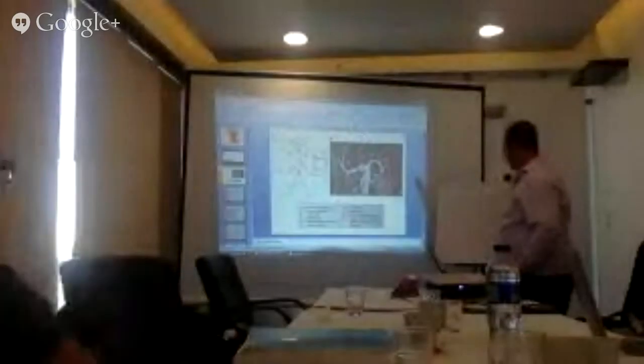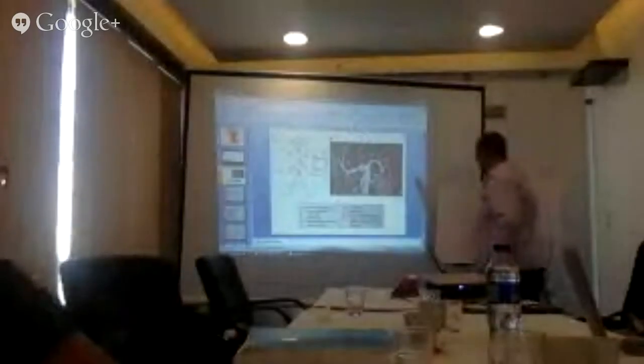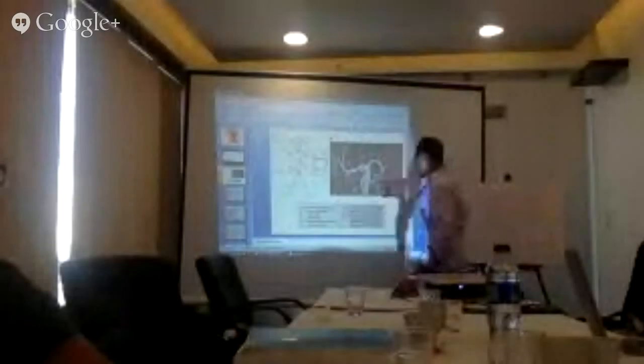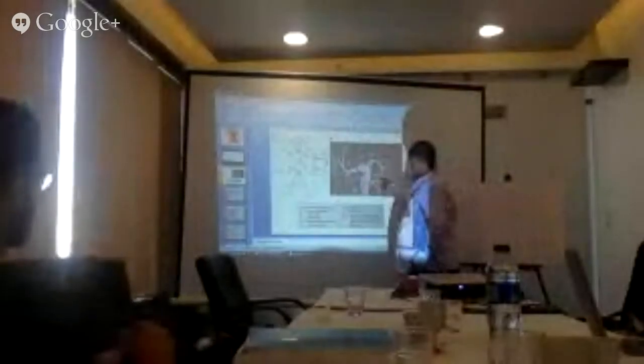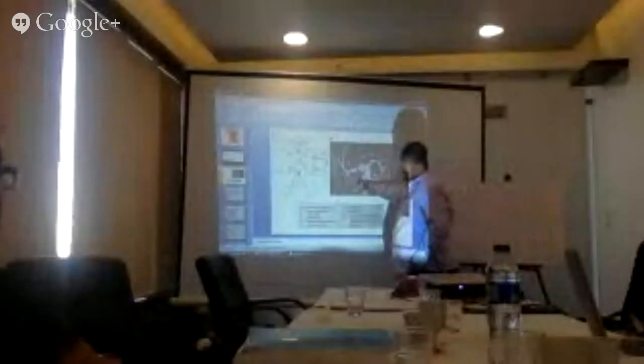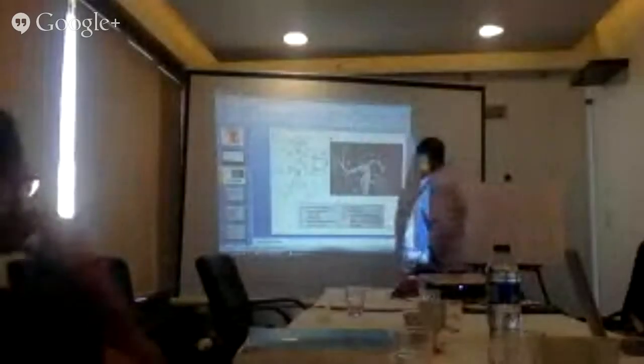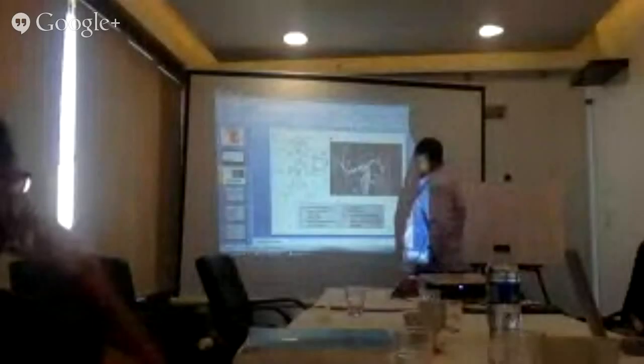This is an angiogram. Angiogram means here you are going to have the descending aorta. Here we have the kidney, the renal artery, and here we have the left renal artery.